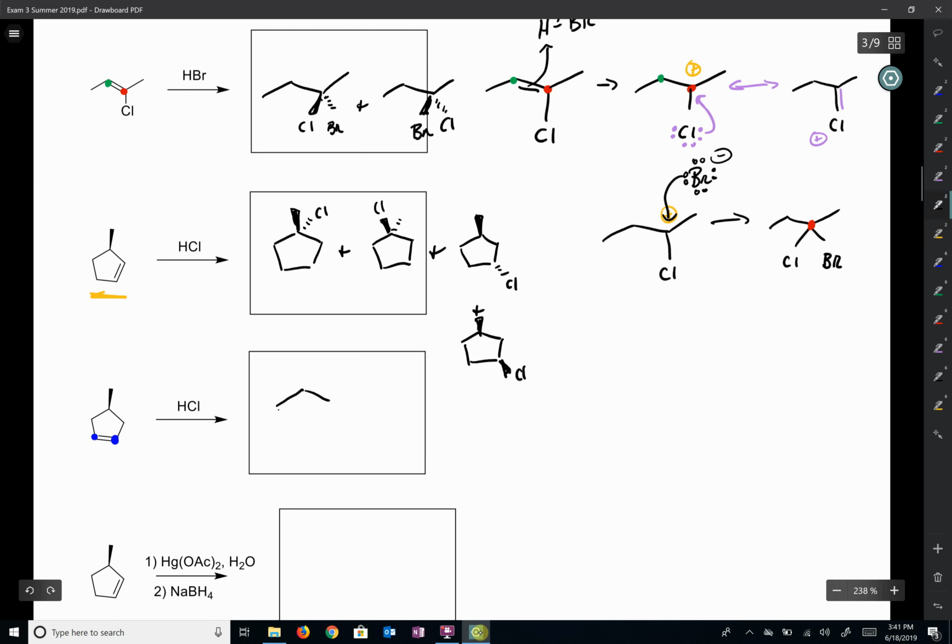What's our product here? These blue carbons are all identical. They're both secondary. There's not going to be any shifts. Those are the products that we're going to make.